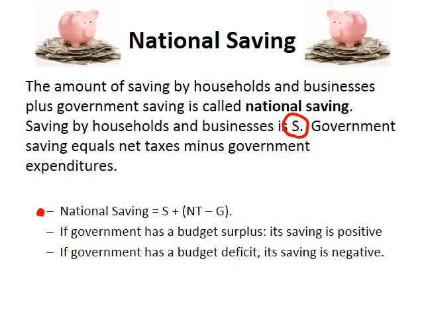So here's the national savings: savings by households and businesses plus net taxes minus government expenditure, meaning everything that's left over at the end of the day that a government has not spent. If the government has a budget surplus, the saving is positive. If the government has a budget deficit, meaning they're spending more than they're collecting in taxes, the saving is negative.